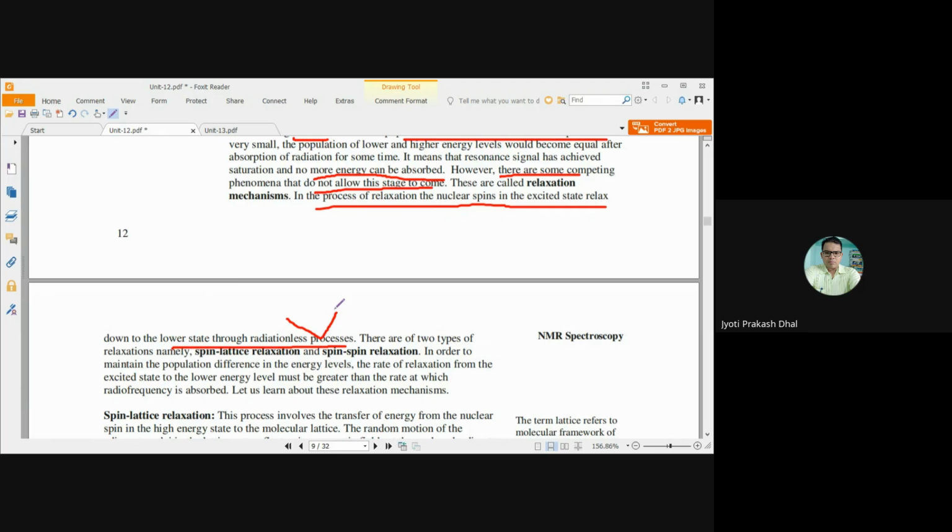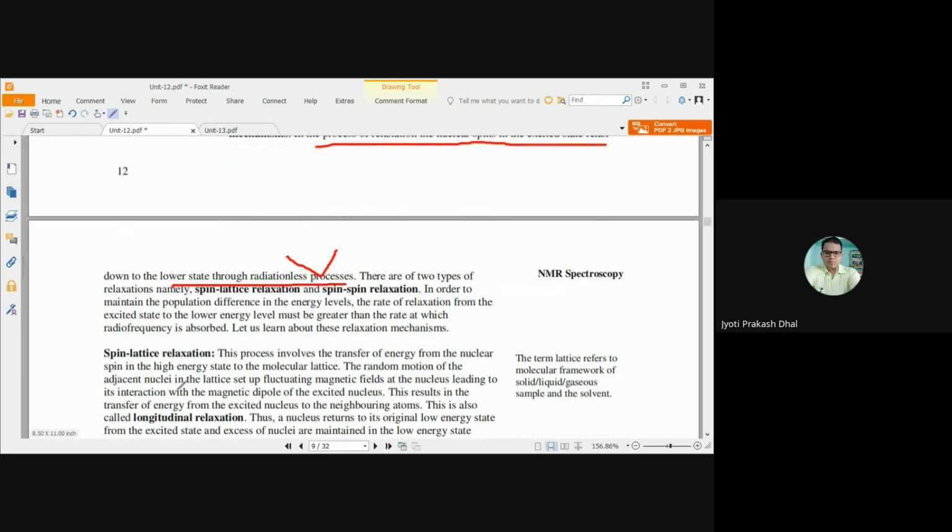That means without emitting radiation, just emitting heat or some other form of energy, the nucleus will undergo relaxation from the higher energy state to the lower energy state. There are two types of relaxation processes. One is spin lattice relaxation and the other one is spin-spin relaxation.